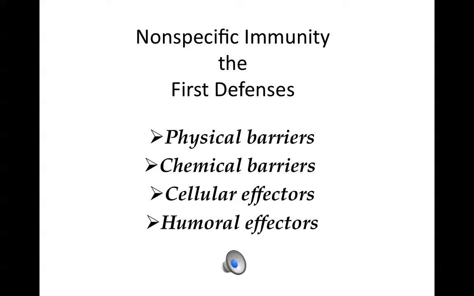We have chemicals on those various body surfaces that also provide us protection. The fatty acids, which provide a particular pH, the different types of simple biochemicals often provide a chemical barrier.